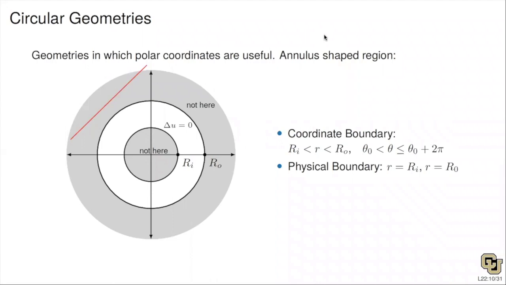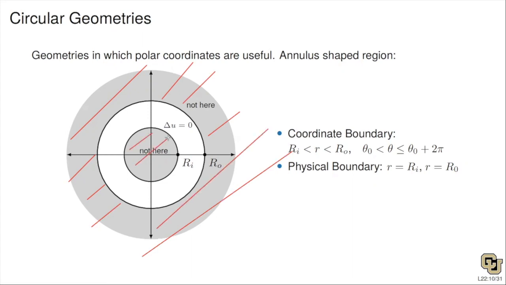For the annulus, we're in between, in this donut shape. Let me finish putting in my lines here. The red region is where we are not.